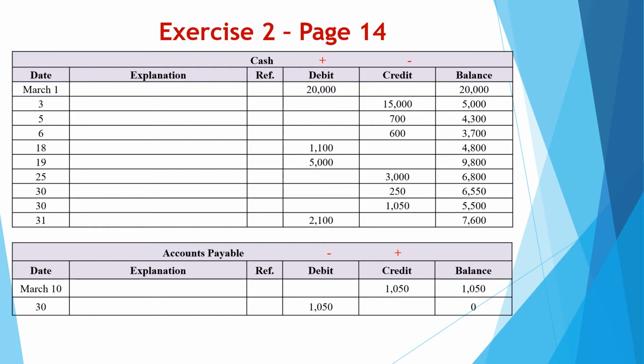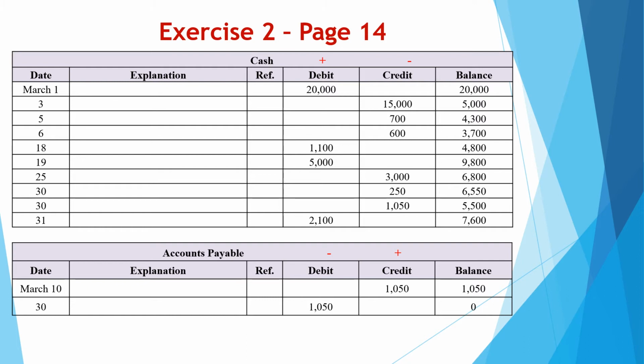Now let's look to the general journal to find on which date the accounts payable appears. We found that the first day the accounts payable appears in the general journal is on March 10. On March 10, we realized that the accounts payable was in credit for 1,050.